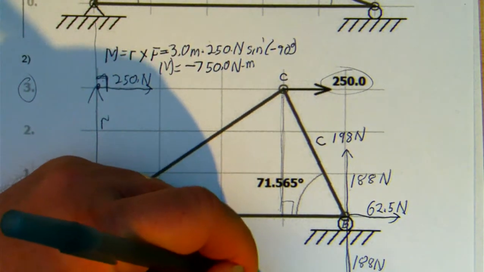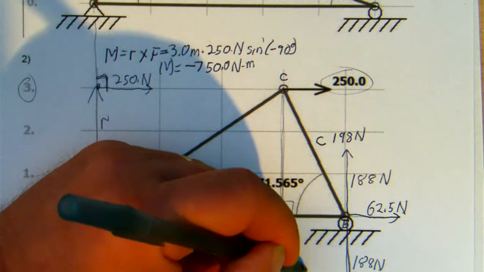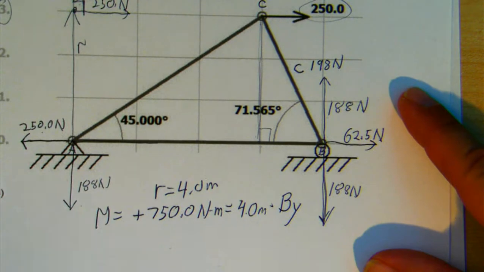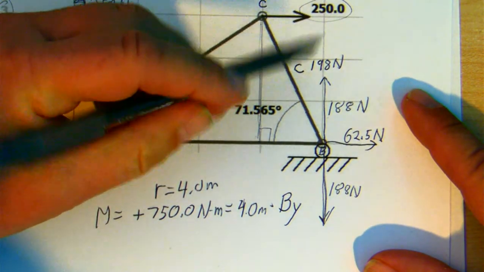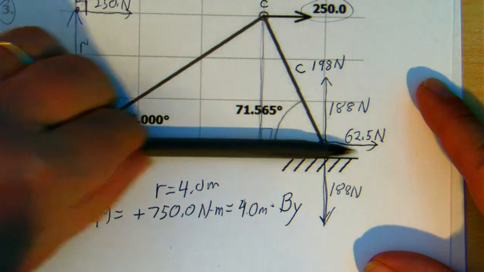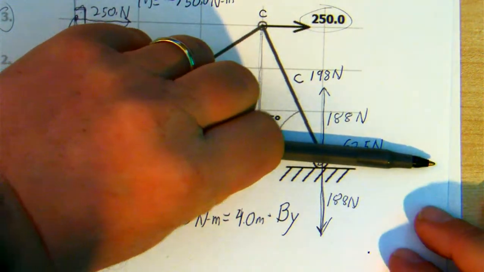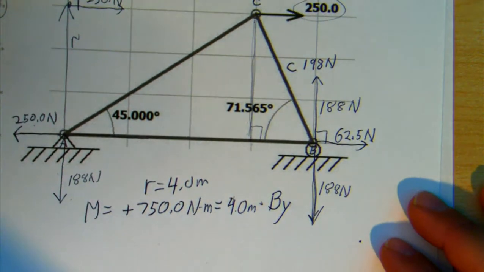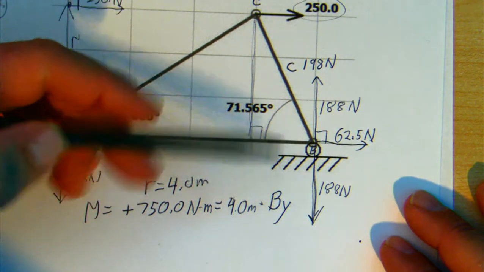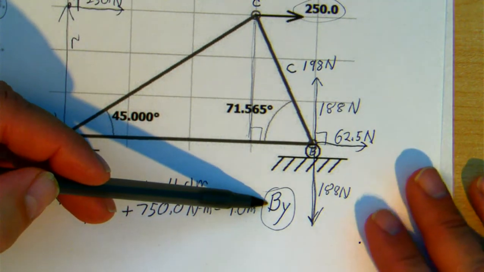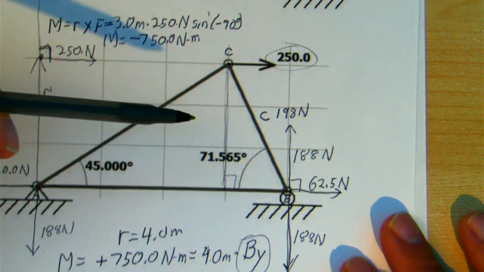So that's equal to 4 meters times the reaction force through B in the Y direction. And ever so conveniently, R is to the right, the reaction force is vertically up, the angle is positive 90 degrees, the sine of positive 90 degrees is 1. I solve for the reaction force through B, and I get 187.5 newtons.